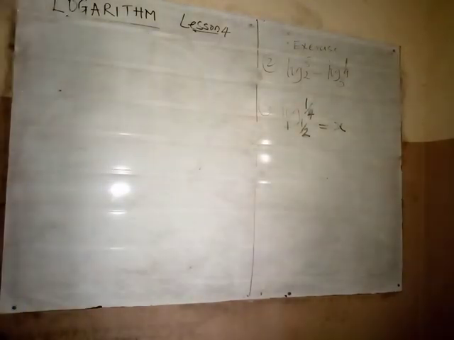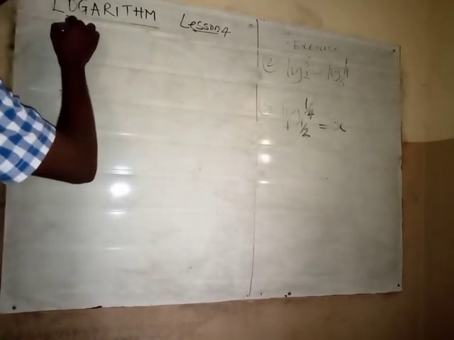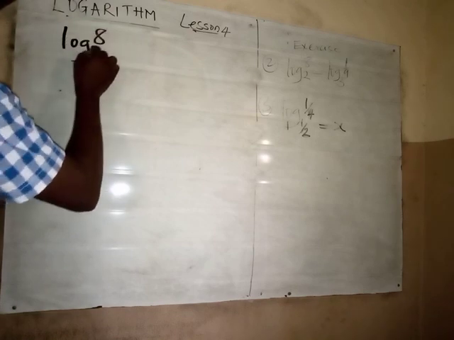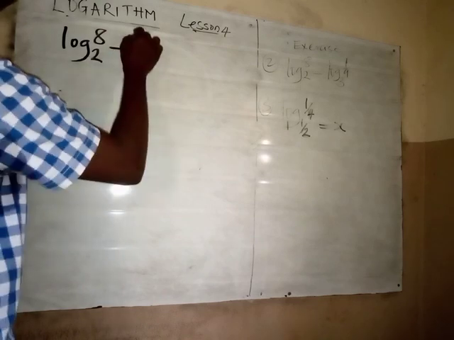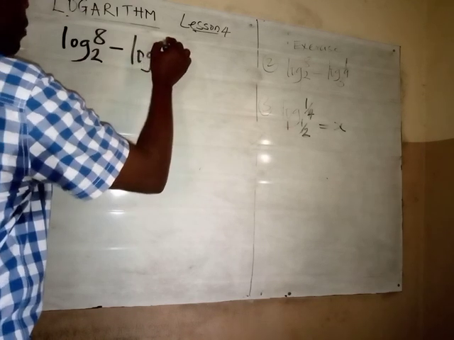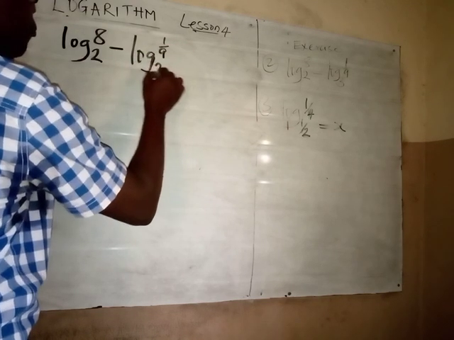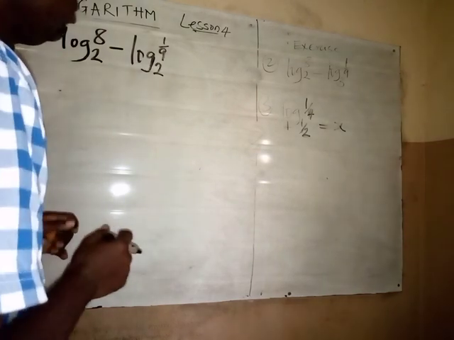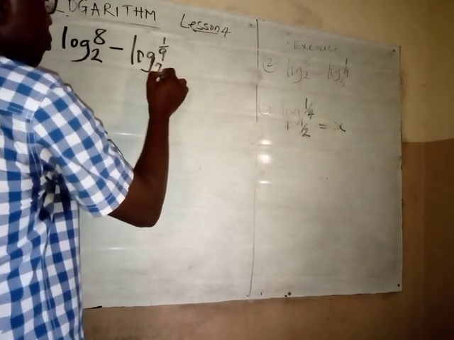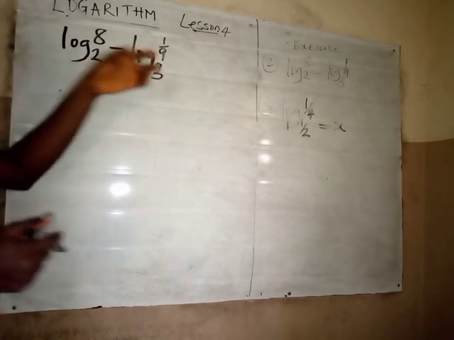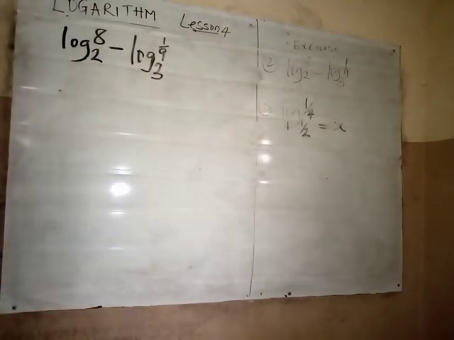Question 2 says log 8 base 2 minus log 1 over 9 base 3, where 1 over 9 is the reciprocal of 9. So we are solving a question that has different bases. This is base 2, this is base 3. So let's see how to go about it.